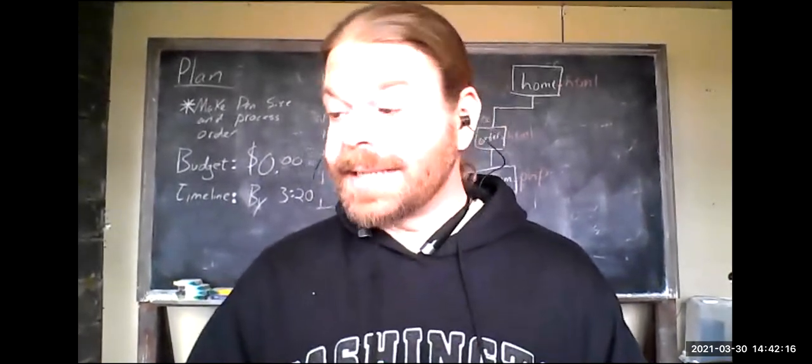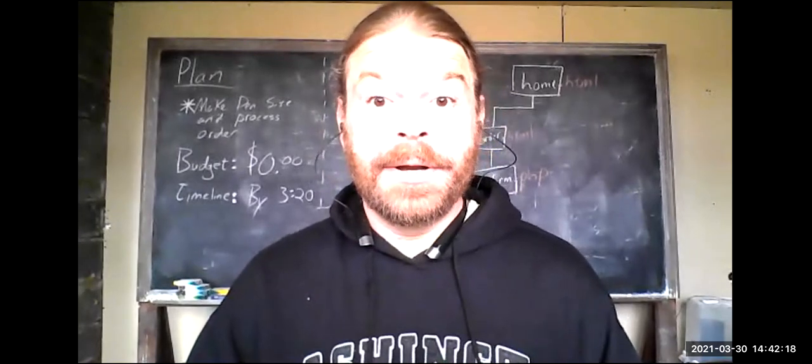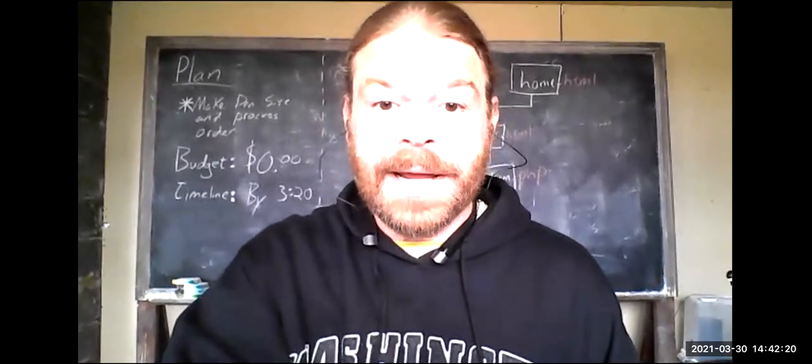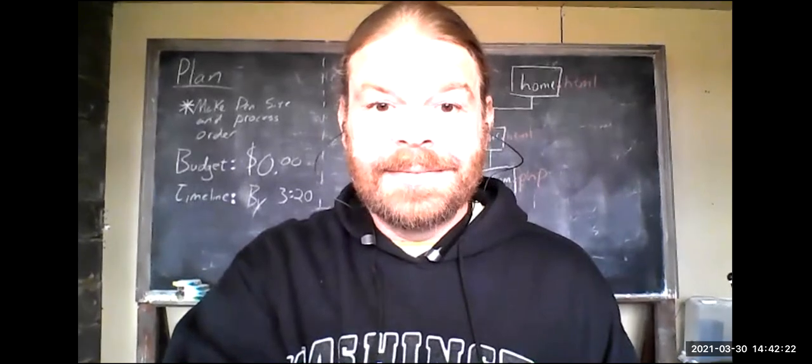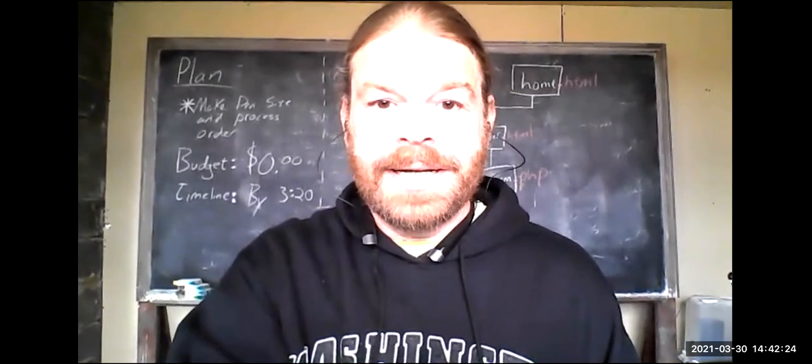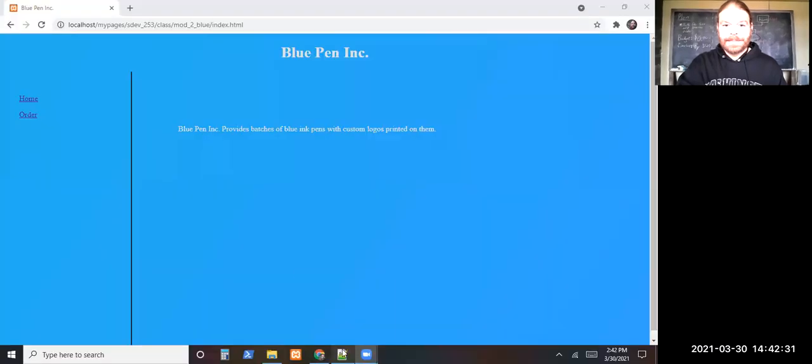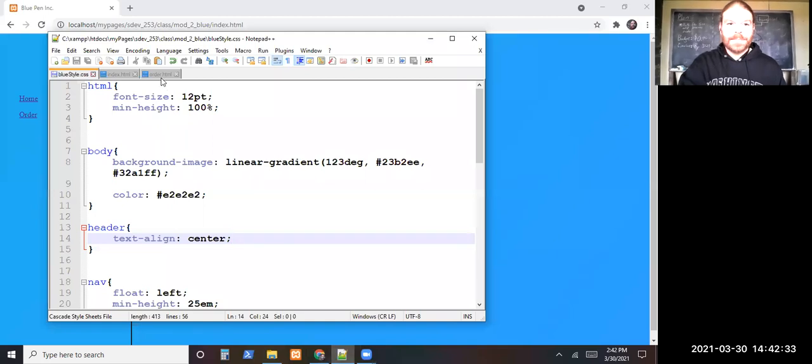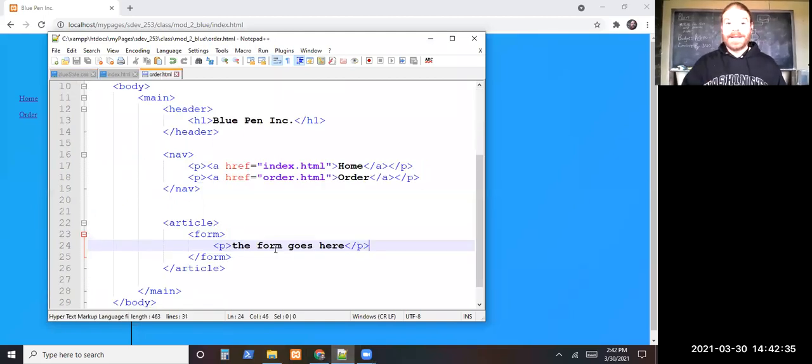Okay, so getting back to this, we're ready to put our form together and do some processing with the PHP. And this is the first part that you probably didn't see in the 153 class. I think the textbook in the 153 class just had you put something in there.